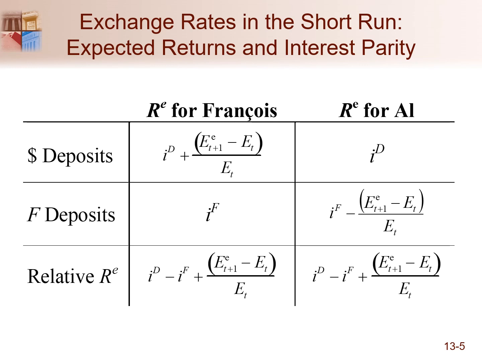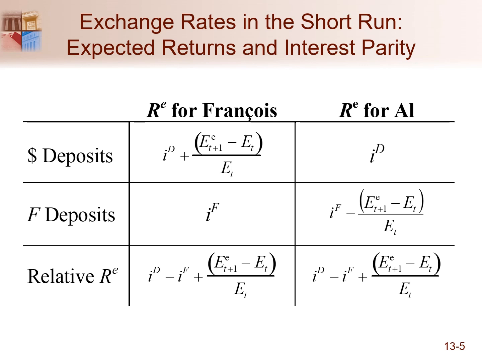So the relative expected return would be the dollar interest rate minus the interest rate on foreign deposits, plus any appreciation or depreciation in the exchange rate. The same is the case for the expected return of Al, the American: the dollar interest rate return minus the foreign interest rate return, plus any appreciation or depreciation in the exchange rate of the currency.